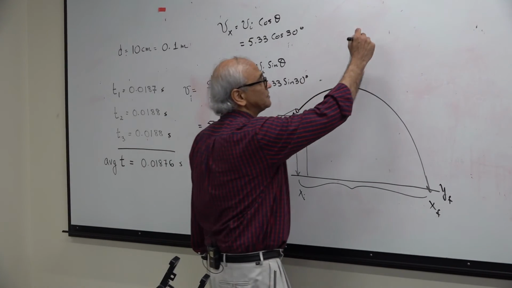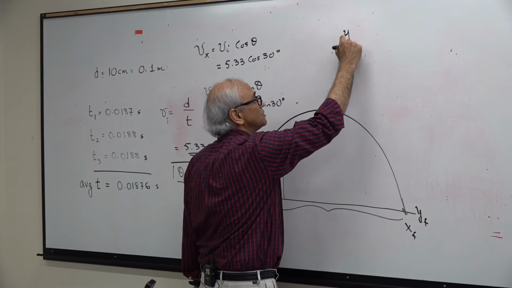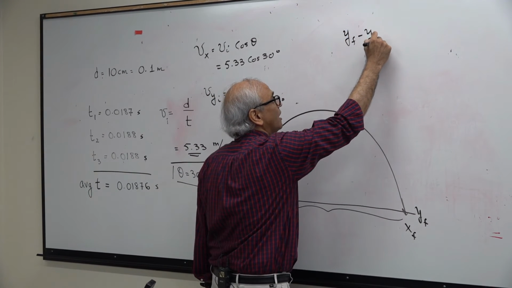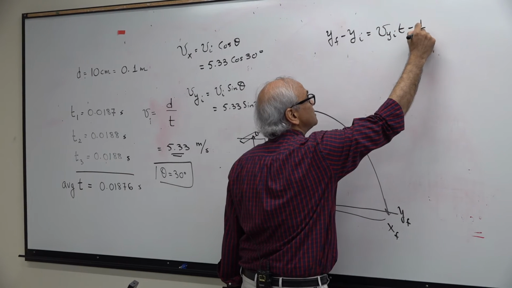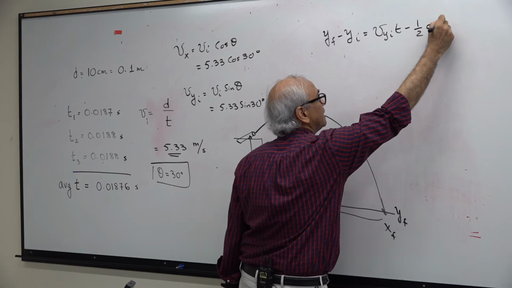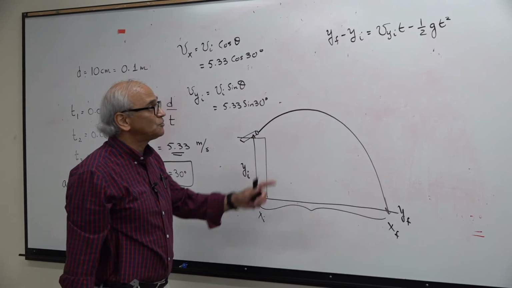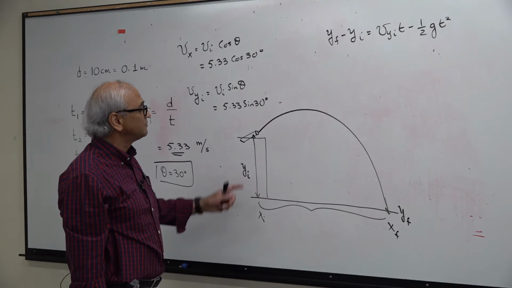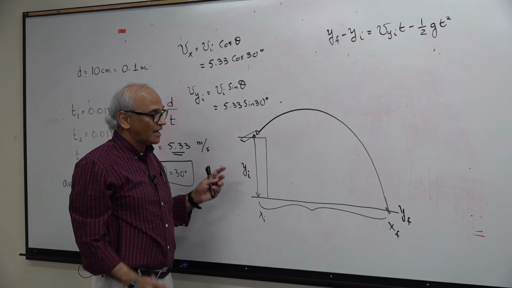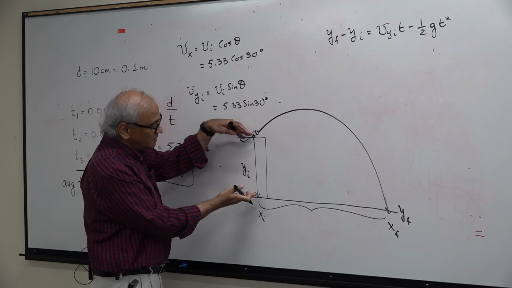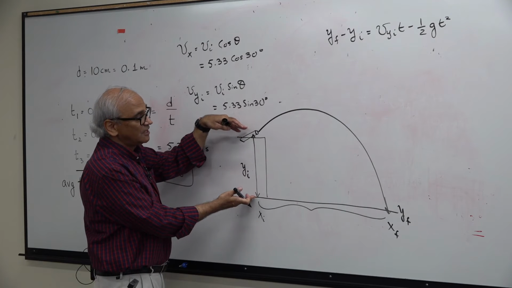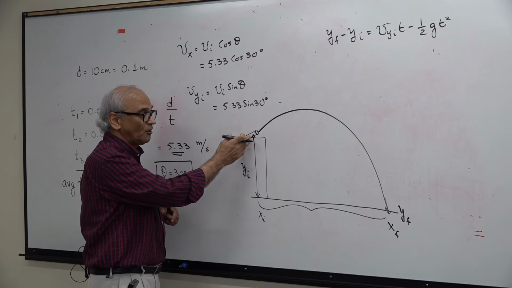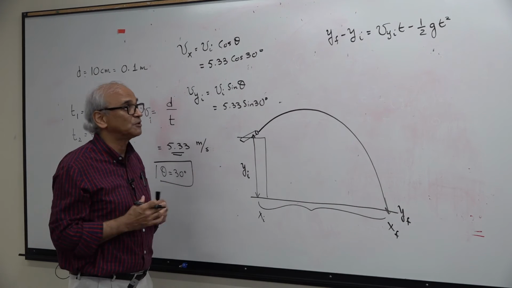So you have to use the second kinematic equation, which is yf minus yi equals Vyi t minus half g t squared. I'm writing it down again. And all you do is plug in these numbers here. One thing I will give you, I have actually measured it beforehand, is this yi distance, the initial height of the ball. And it turns out to be 1 meter.